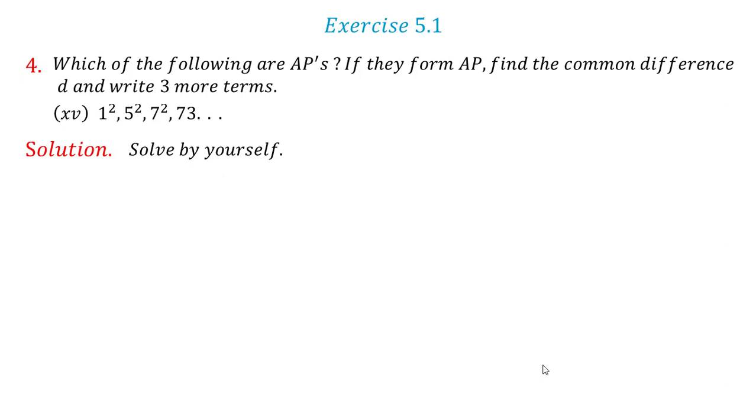You also learn that if the sequence is an AP, how you get the next few terms. To check whether a sequence is an AP or not, simply find the difference between consecutive terms, and if the differences are the same, you will say that it is an AP, right? Okay, so thank you.